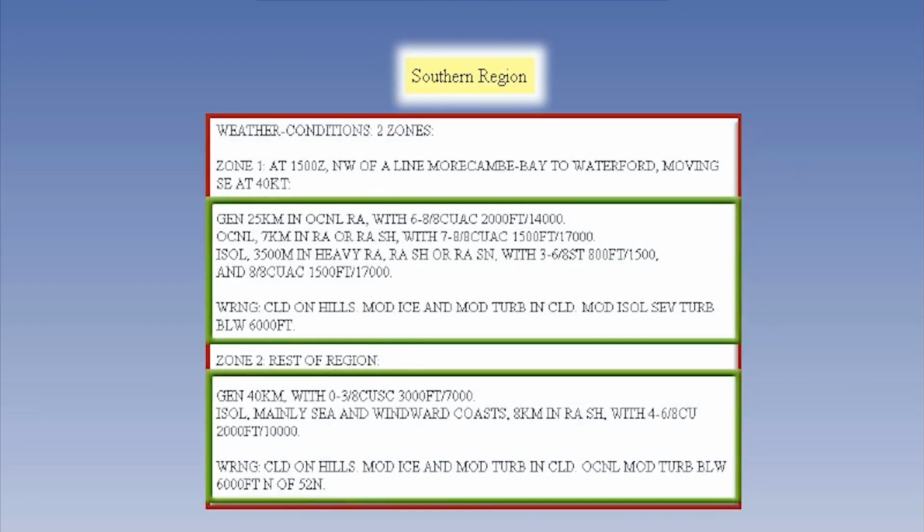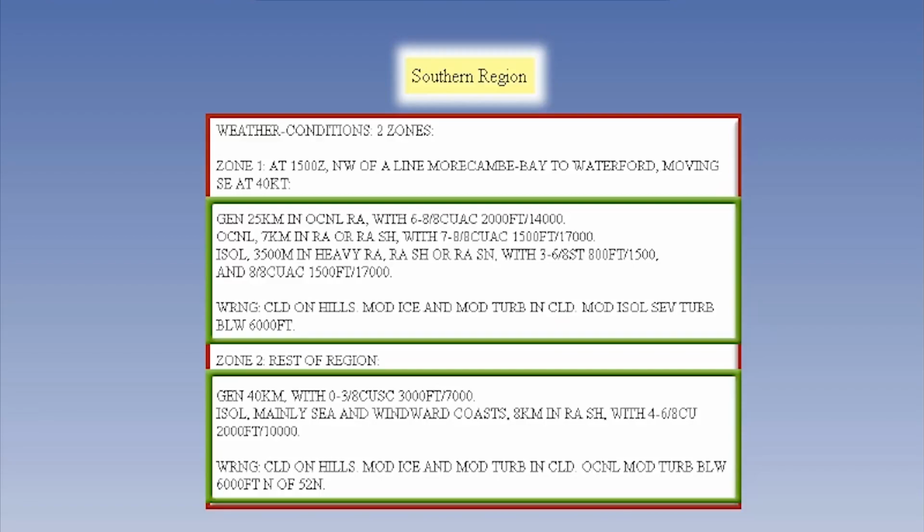Within each zone is a description of the different weather elements which are forecast to occur. These weather elements include forecasts of visibility, weather, and cloud. The latter includes cloud bases and tops, and the quantity of cloud.